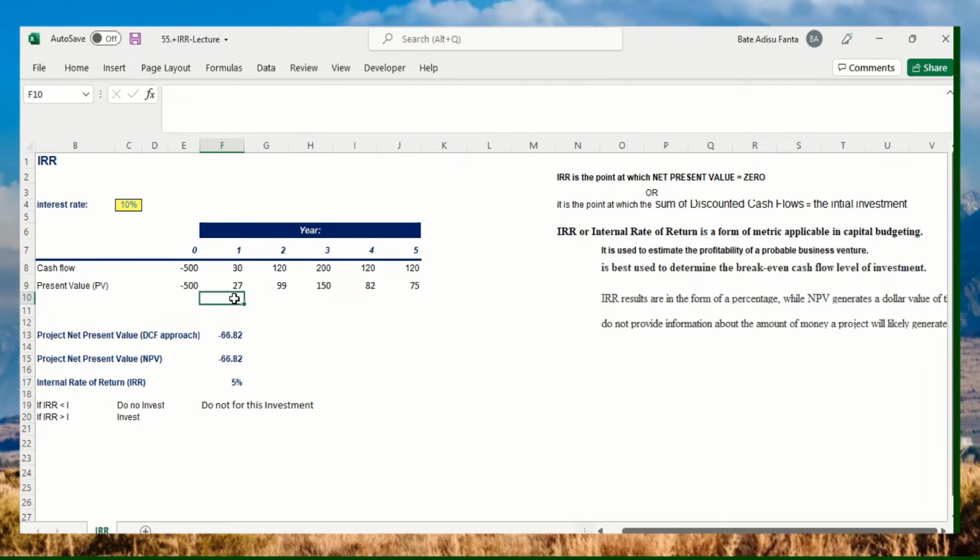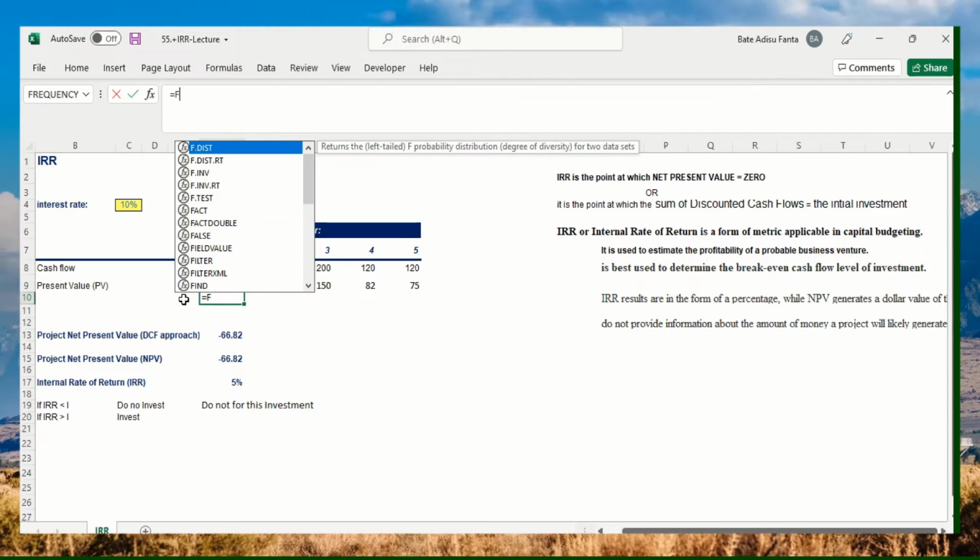I'll show you this. Let's calculate present value based on the interest rate we have here, which is the internal rate of return, 5%. At this 5%, the total cash which is going to be generated in 5 years is equal to the initial investment.